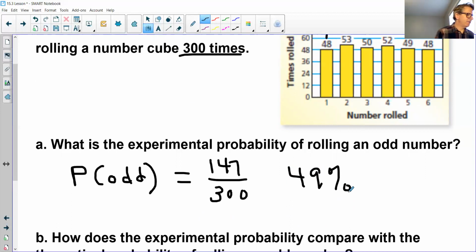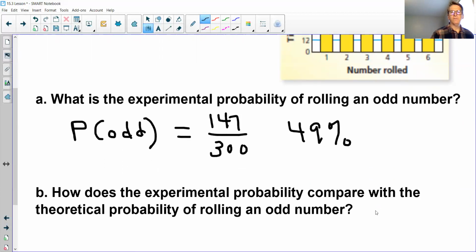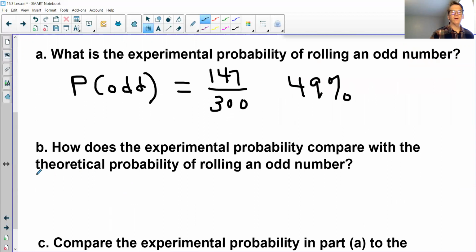Letter B, how does the experimental probability compare with the theoretical probability of rolling an odd number? Okay, so you found the theoretical probability is about 50%. You think about that, you've got 6 sides, and an odd number would be 1, 3, or 5.